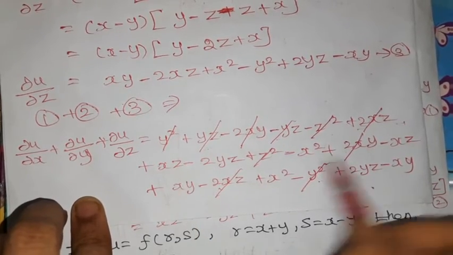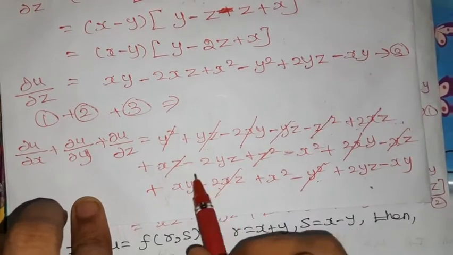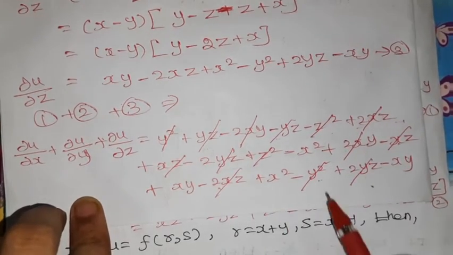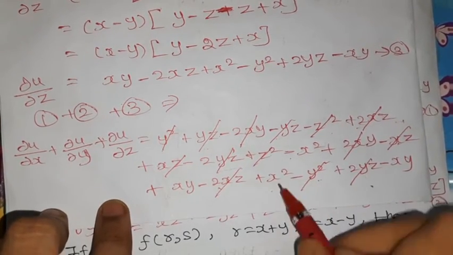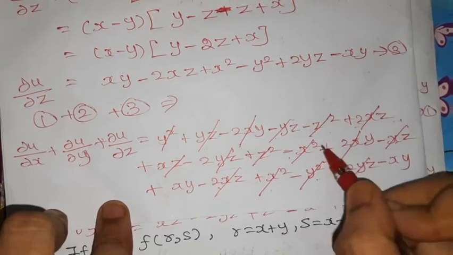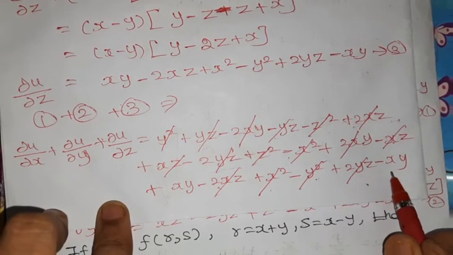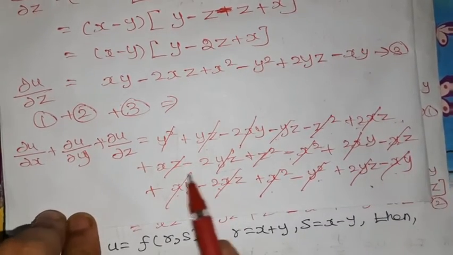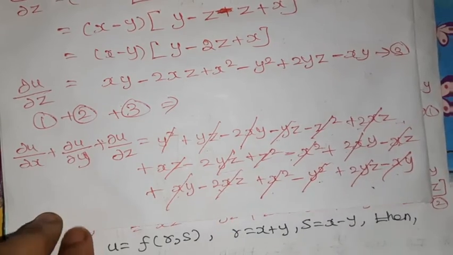Then xz plus xz minus xz, here minus 2yz, where is plus 2yz, minus x square plus y square plus x square, right? Then minus xy, where is plus xy. So see, nothing is remaining.